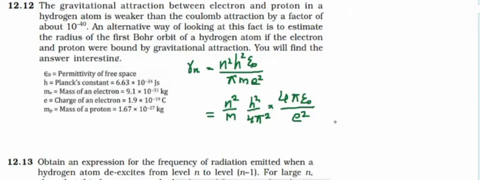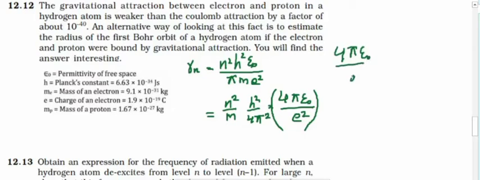Now in this equation, you can see the term 4 pi epsilon naught divided by e square. That term we actually get from the electrostatic force, F is equal to 1 by 4 pi epsilon naught q1 q2 by r square.